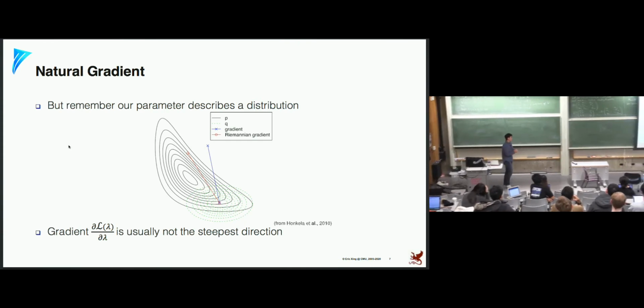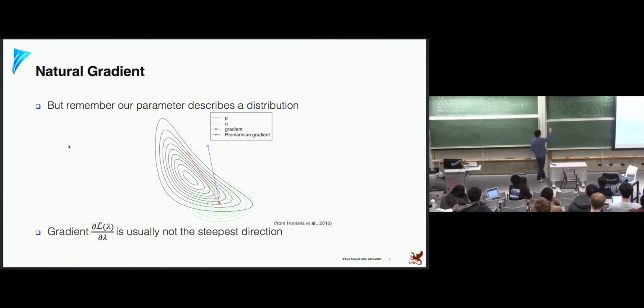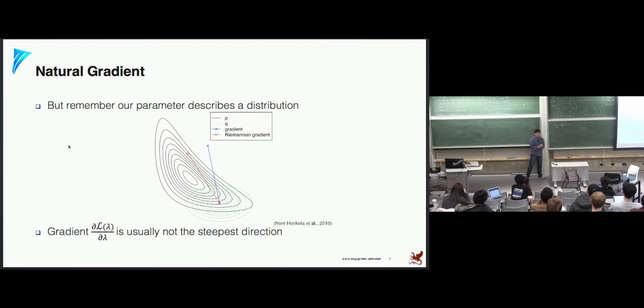But the thing we're optimizing is: minimize or maximize over parameter theta, a distribution parameterized by theta, or some function of this, right? The issue here is sometimes the distance between distributions is different from the distance between parameters. What do I mean by that?